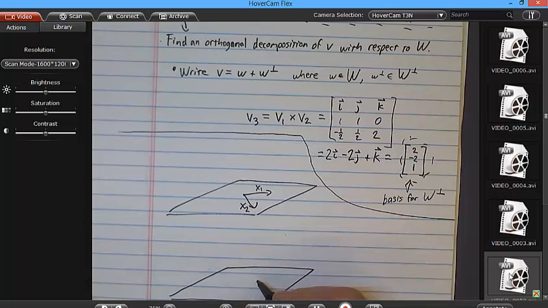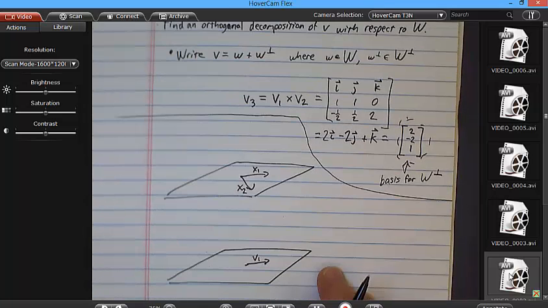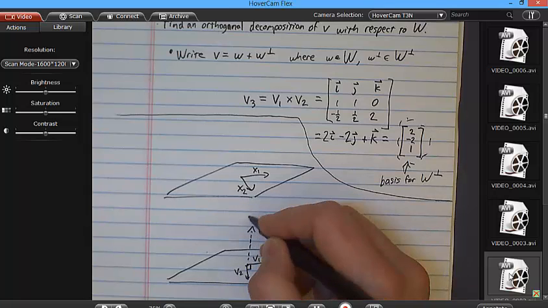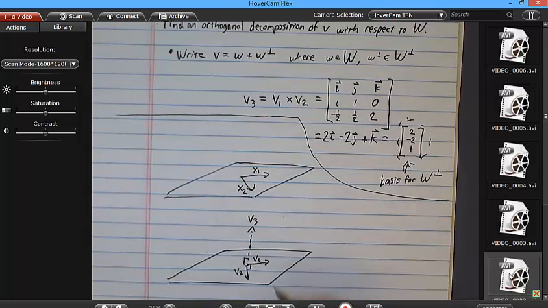We had x1 and x2, but instead we take v1, which is the same as x2, and then we make sure that v2 is orthogonal to it. And then v3, of course, is orthogonal to that, because it's orthogonal to the entire plane.